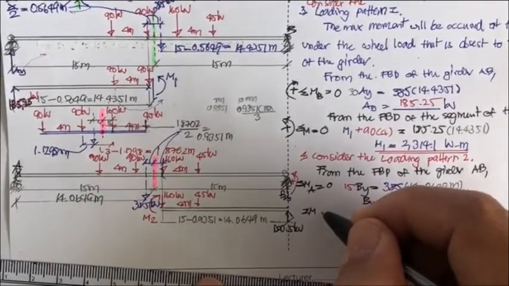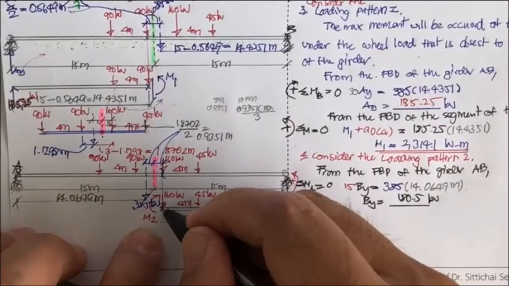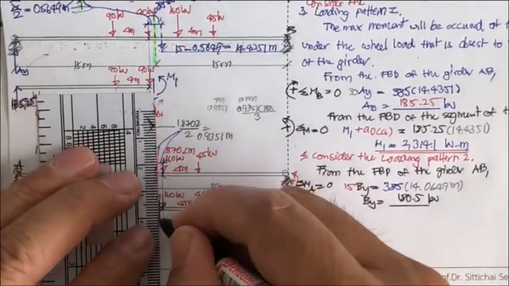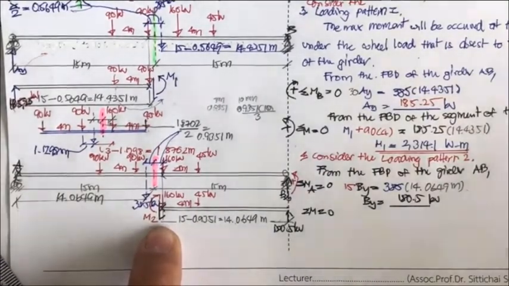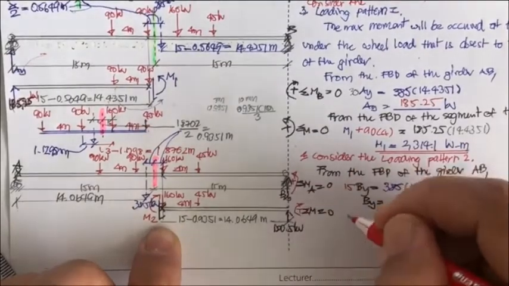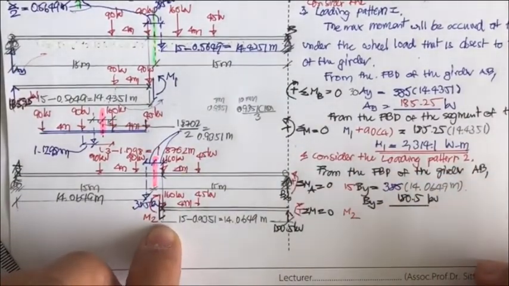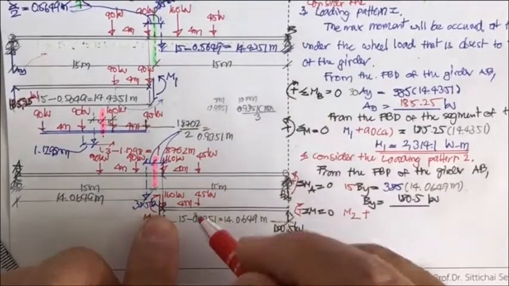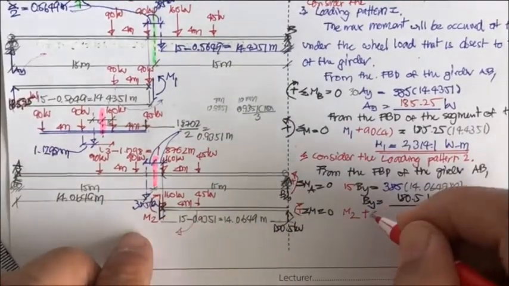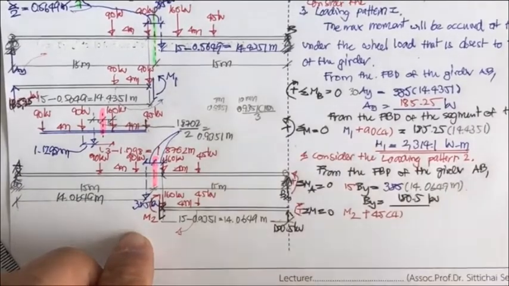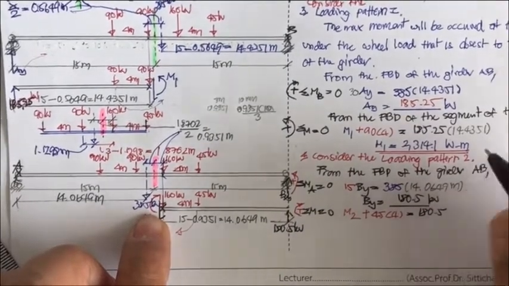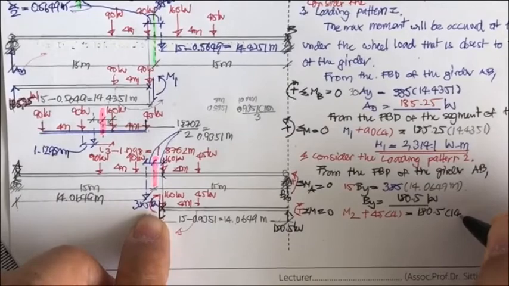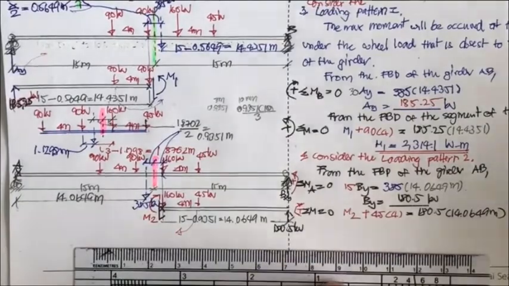Then we sum the moment equal to 0 here. The shear and the 160 kilonewton will produce no moment at M2. M2 is here, and M2 is going to have the same moment at 45, plus 45 times 4, and it's going to equal to 180.5 times 14.0649 meter, and then we arrive at M2.